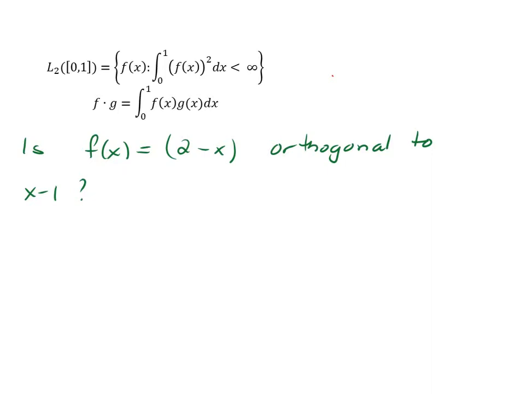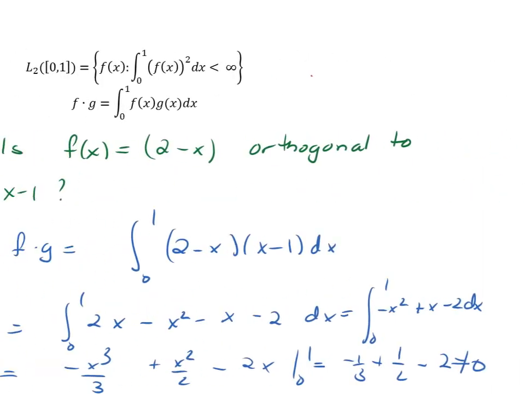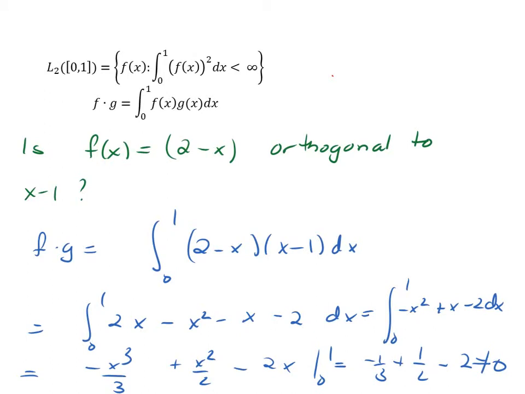What about orthogonality? How do you tell if something's orthogonal to something else? We take the dot product and check if it's 0. This is the definition of dot product on this space. So I just take the dot product of these two functions with each other and integrate. And I gave a straightforward one here, no trig functions, and you see that the integral turns out to be not 0. I didn't even finish it.